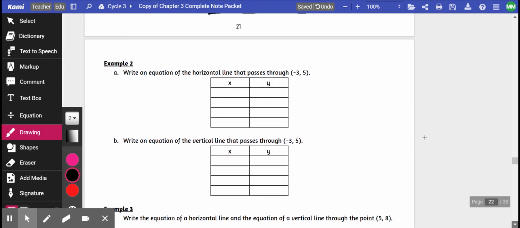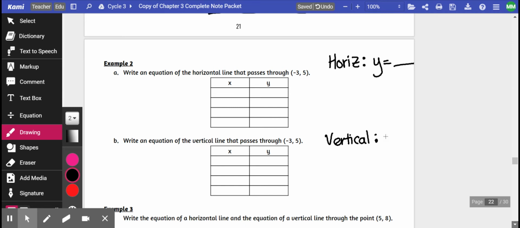Let's go ahead and answer example 2. This one says to write an equation of a horizontal line that passes through negative 3, 5. So whenever you have a horizontal line, it is going to be y equals whatever value. Part B is to do the same thing, but you're going to be looking at your vertical line.